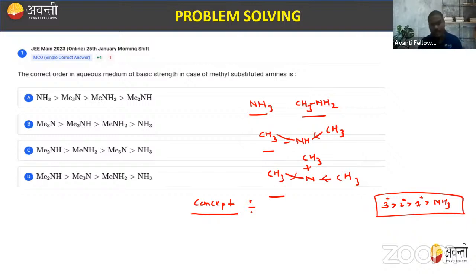Now, if aqueous comes into the picture, then you have to consider both effects. That is, you need to consider the plus I effect, and this is very important, as well as the hydration effect, right?